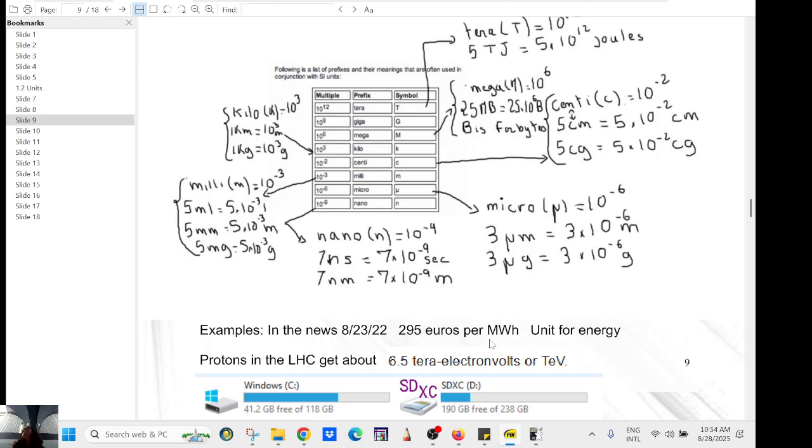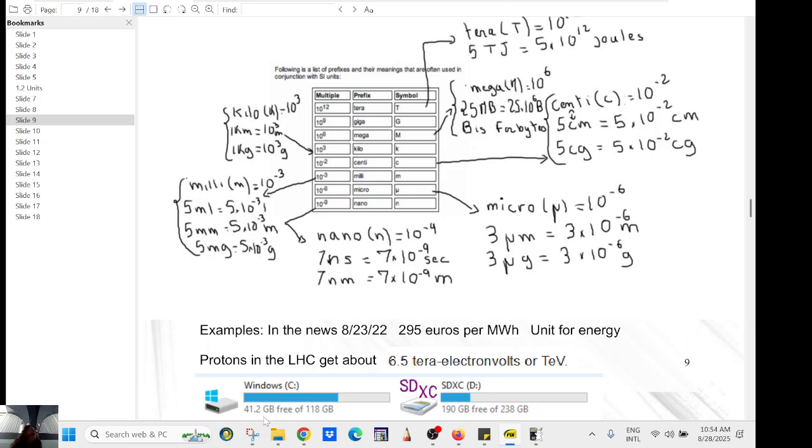Mega means a million, so a million watt hours. I don't know, in 2022, energy was very expensive. I don't know why I took that example. It was 295 euros per megawatt hour, so 10 to the 6.